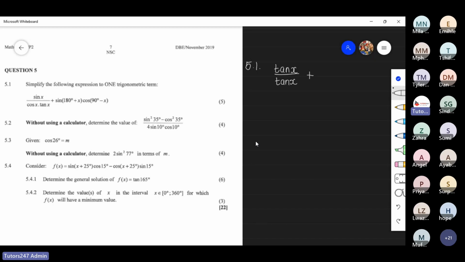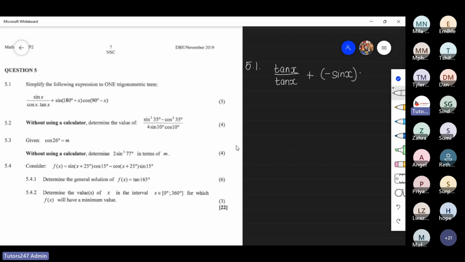Because that is in quadrant 3, we ask ourselves, is sine positive or negative within quadrant 3? And we know that sine is negative within quadrant 3. The only identity that is positive within quadrant 3 is tan. So this is then going to become minus sine x times.